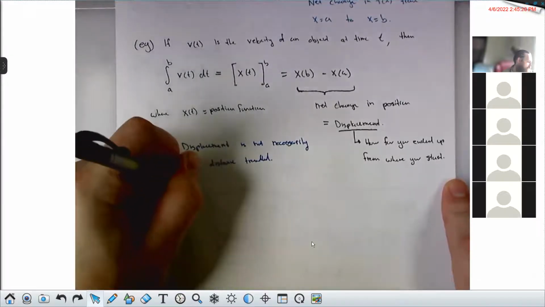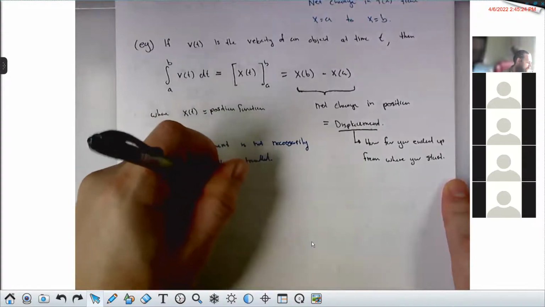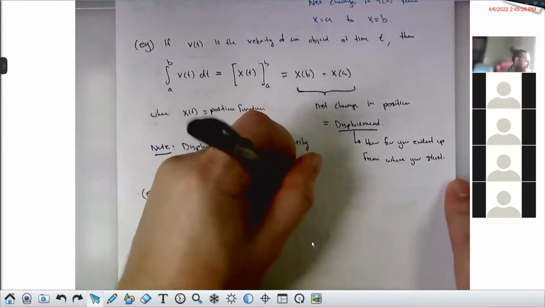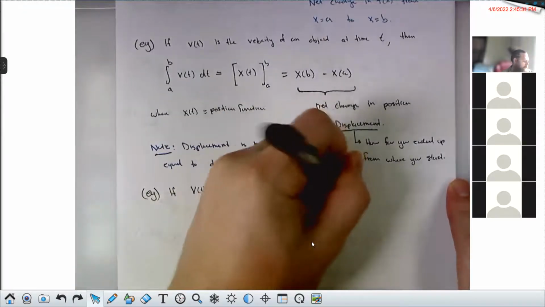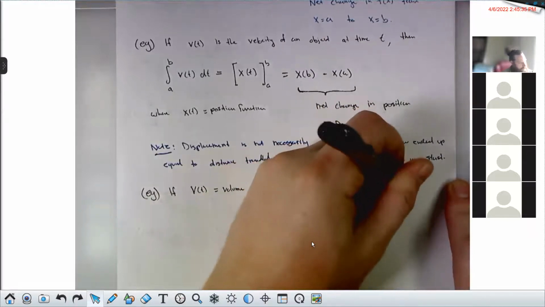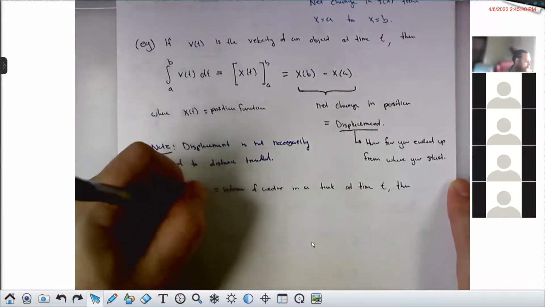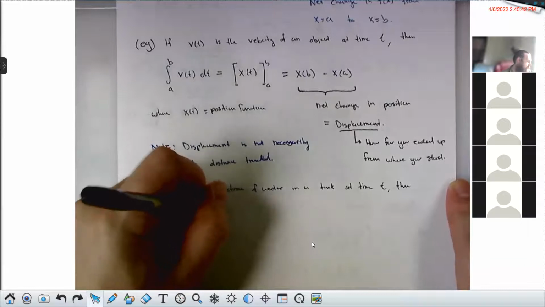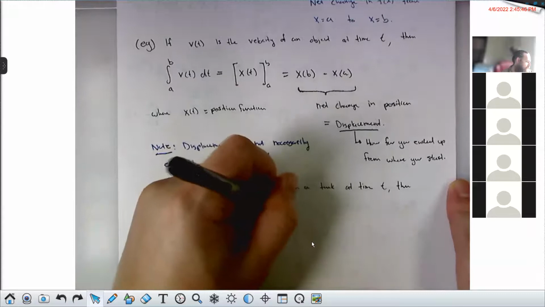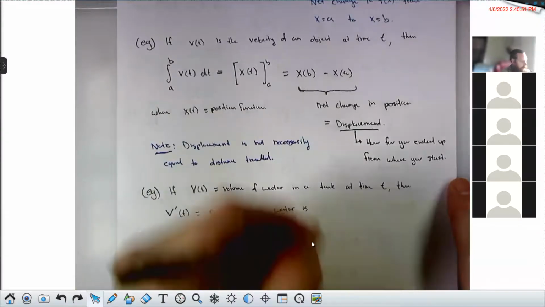If capital V of T is the volume of water in a tank at time T, then capital V primed of T would be the rate at which water is, depends on whether water is flowing into or out of the tank.